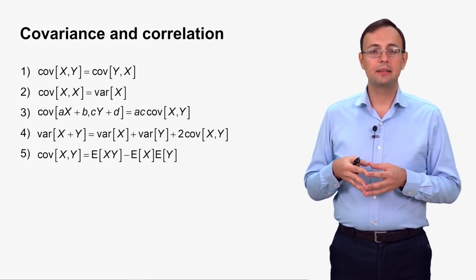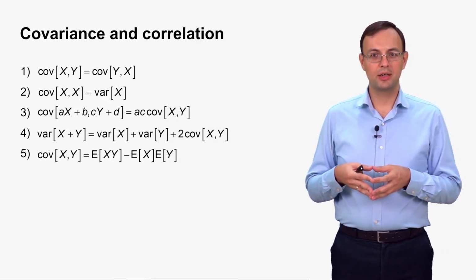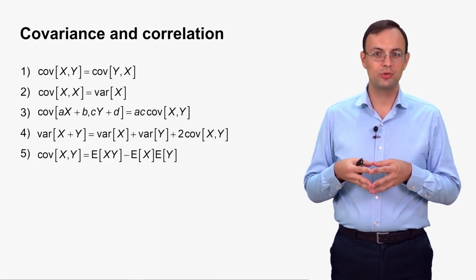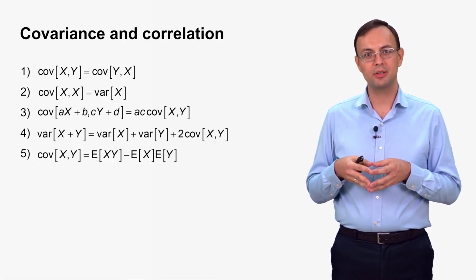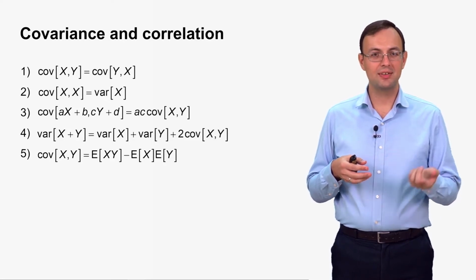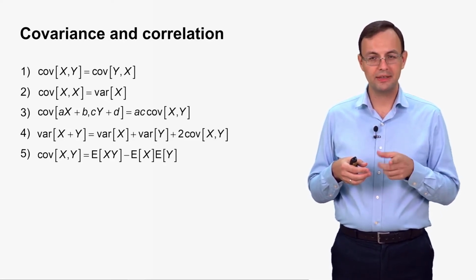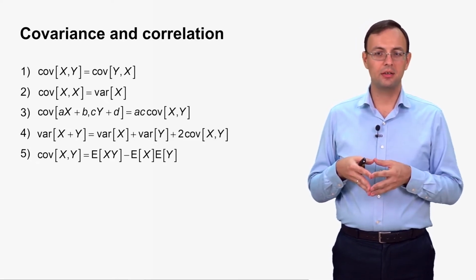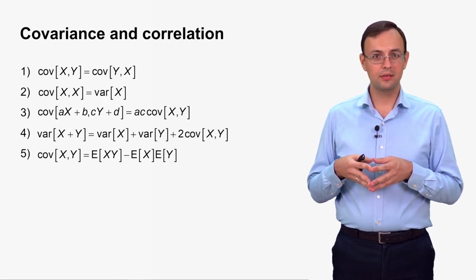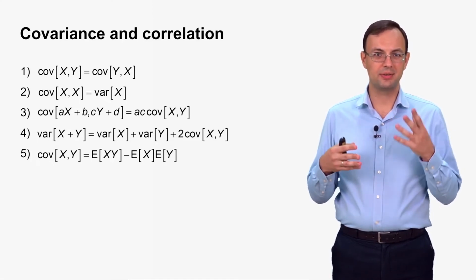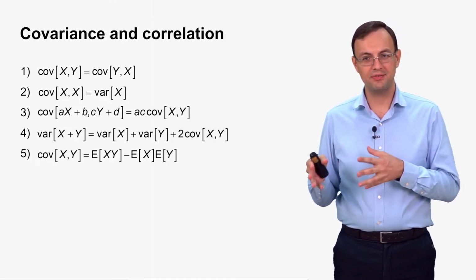Then number 5 is the formula we usually use in practice to find covariance. We usually use not the formula we see in the definition of covariance, but we use this formula. It can be just derived by using simple properties of the expected value.